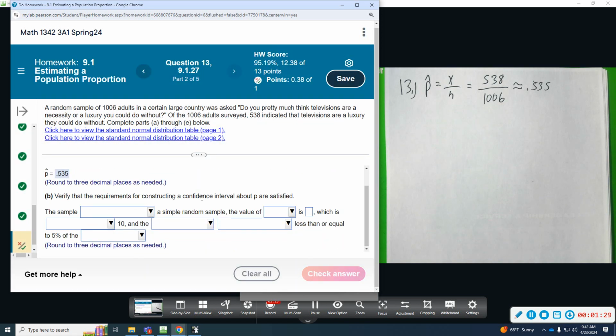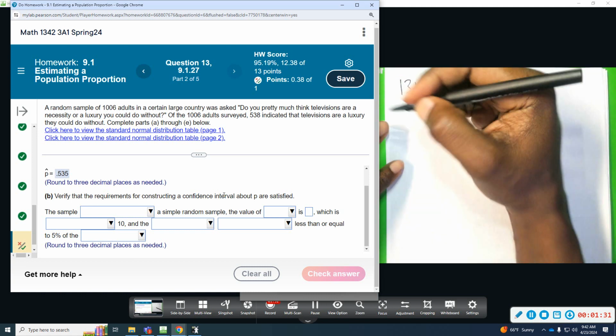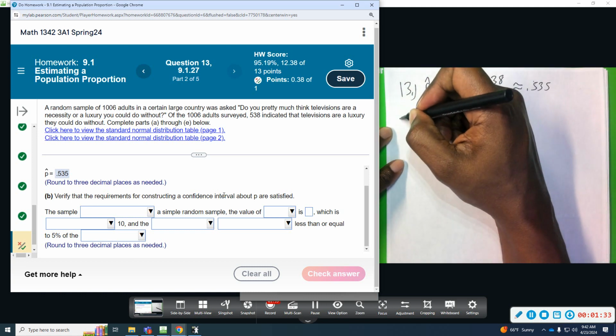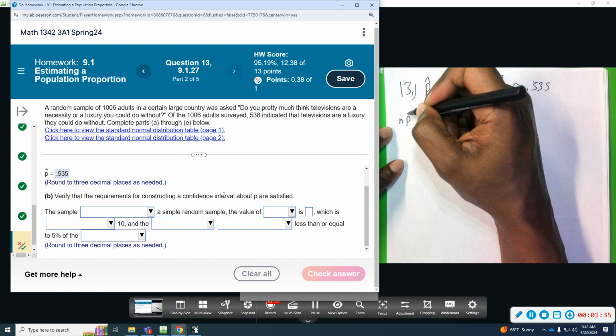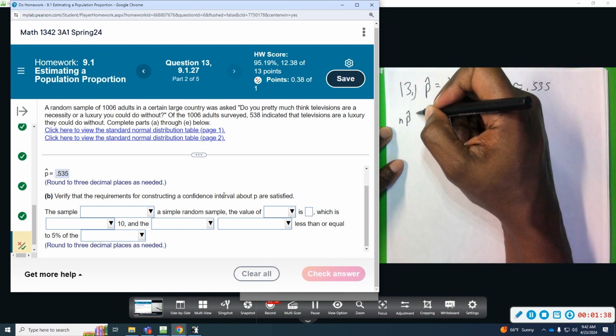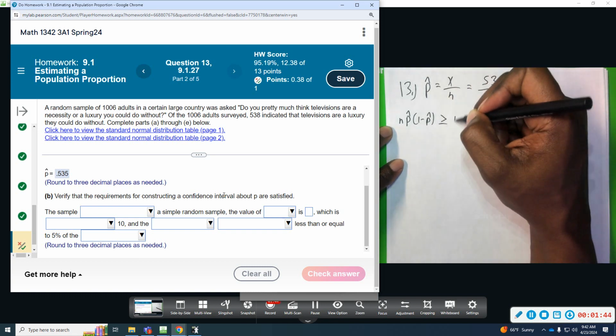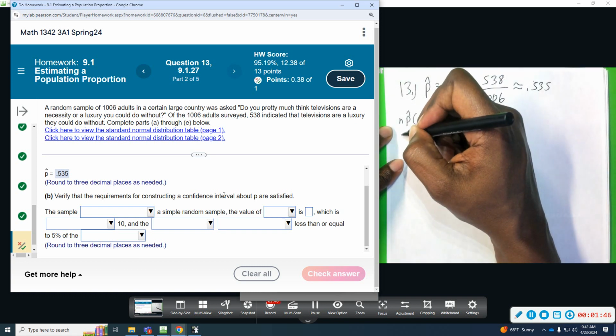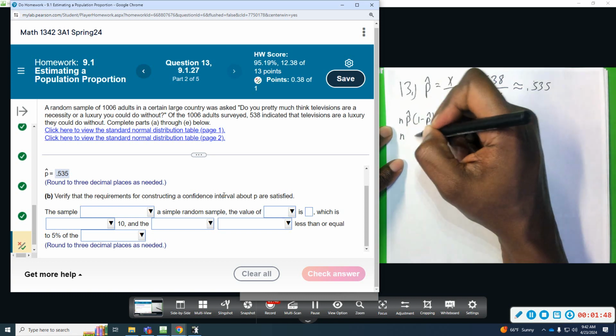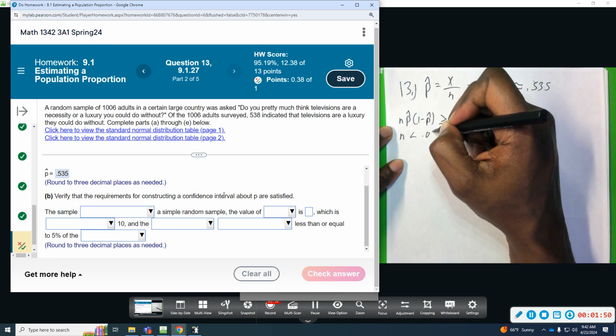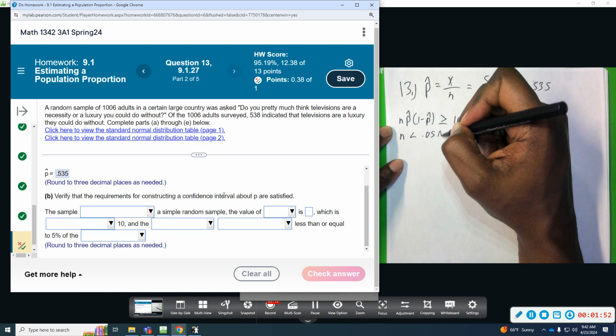So we want to verify the requirement. Remember, n times p hat times 1 minus p hat has to be greater than or equal to 10, and n has to be less than 5% of the population size.